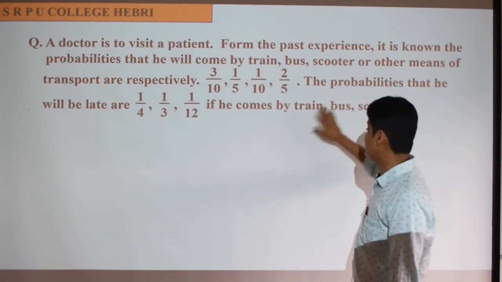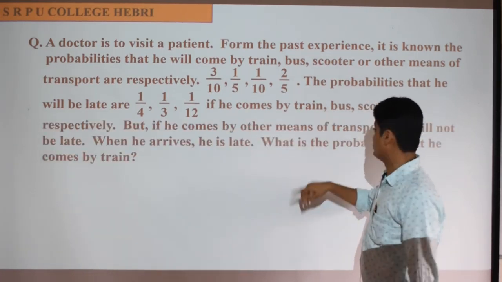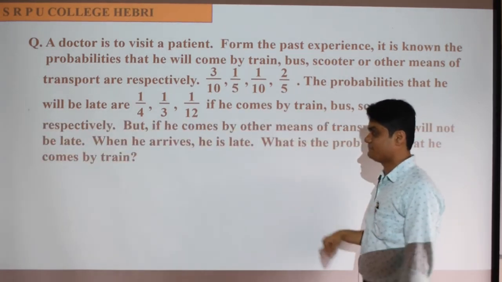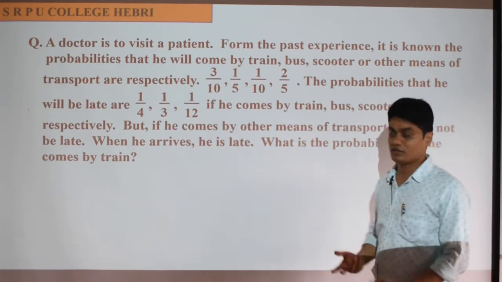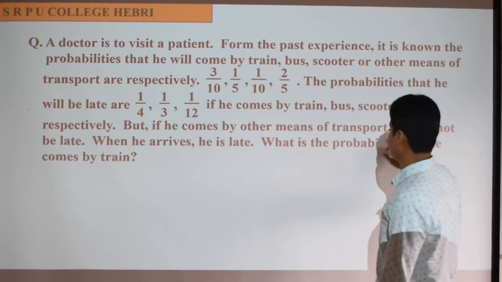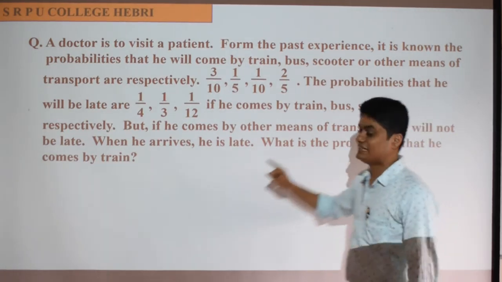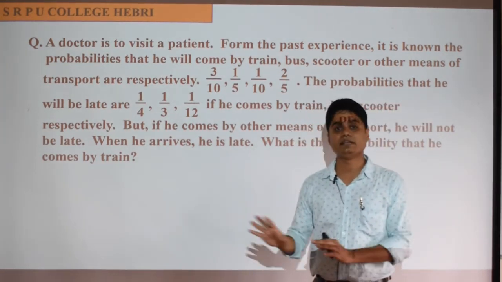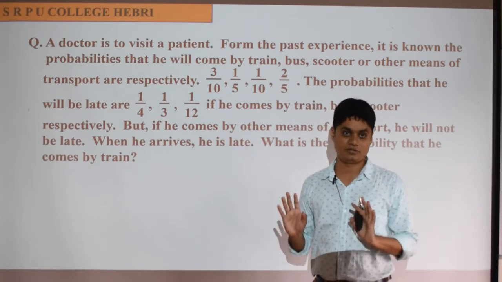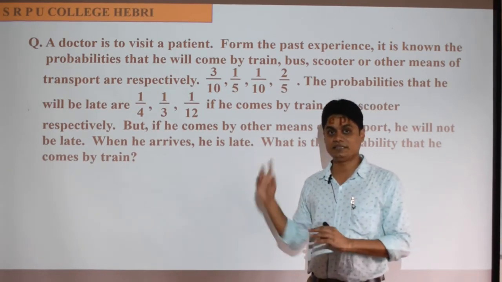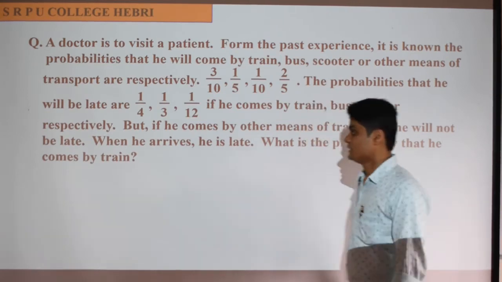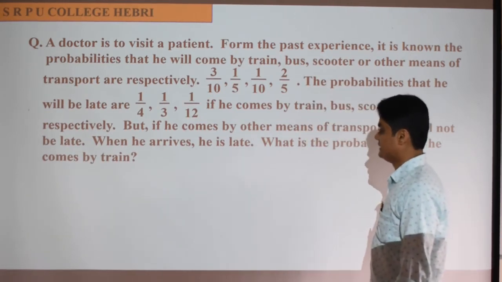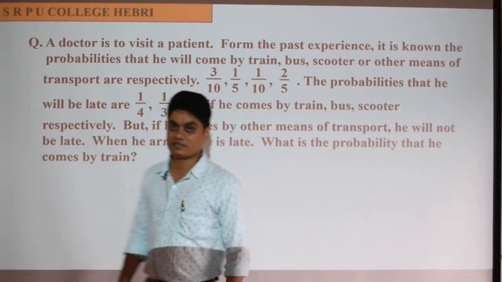If he comes by other means, other than train, bus and scooter, then he will not be late and he will be on time to see the patient. So for other vehicles, the probability of being late is 0.